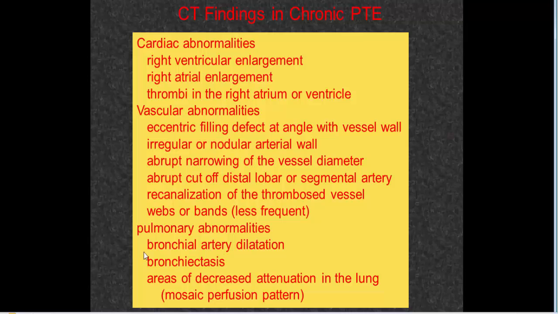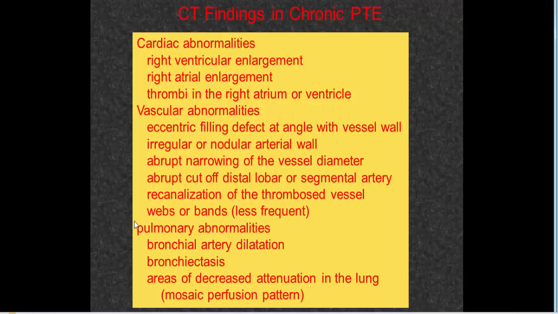What are the CT findings of chronic pulmonary embolism? Cardiac abnormalities: right ventricular enlargement, right atrial enlargement, thrombi in the right atrium or ventricle. Vascular abnormalities: eccentric filling defect at an angle with the vessel wall, irregular or nodular arterial wall, abrupt narrowing of the vessel diameter, abrupt cut off of distal lobar or segmental artery, recanalization of the thrombosed vessel, webs or bands, less frequent.